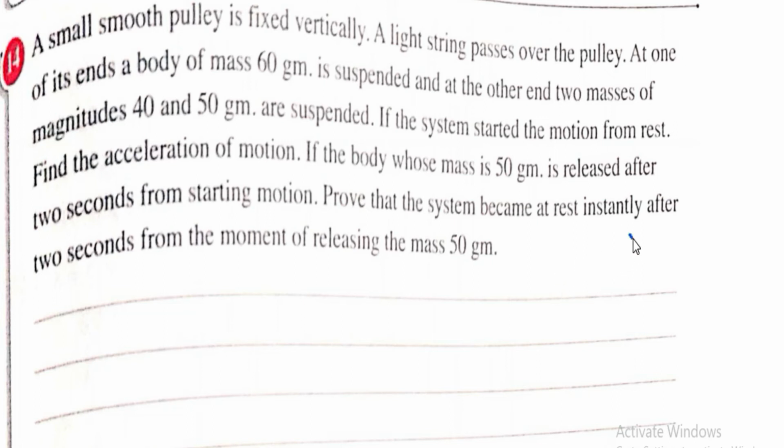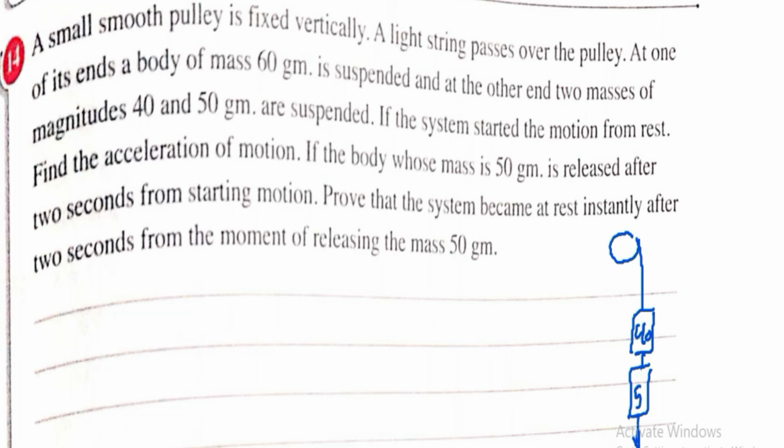So we have a smooth pulley, and the string carries two particles 40 and 50. So mg is 90g. On the other side, this is 60, therefore mg here is 60g.